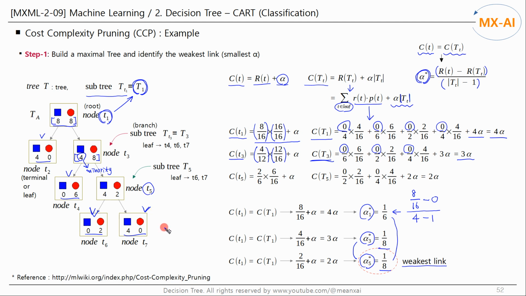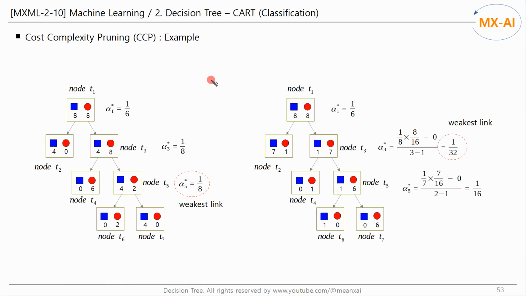At this point, you might ask, does the weakest link always end up being the lowest node in the tree? Interestingly, no, not always. Let's look at these two example trees. In the left tree, node T5 is the weakest link. But in the right tree, node T3 becomes the weakest link instead.